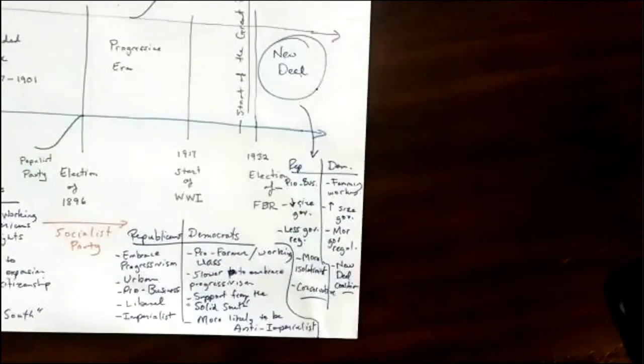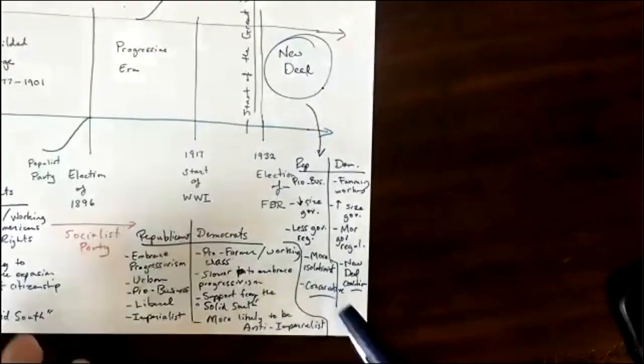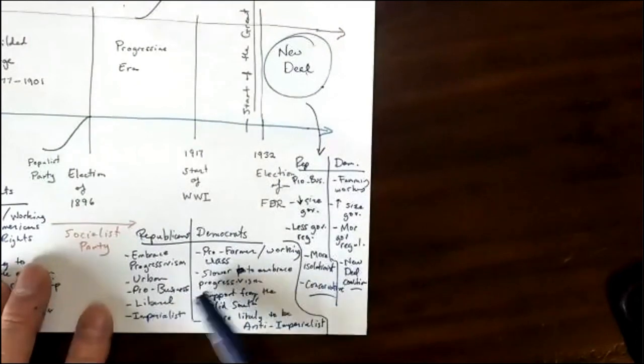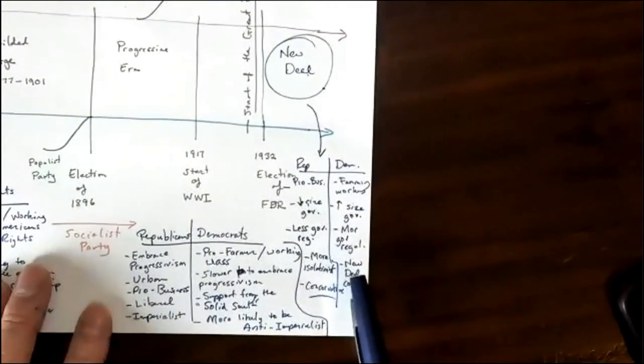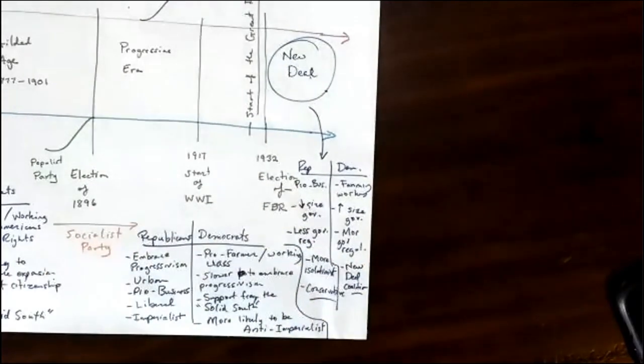What it does is it links the old Solid South that had traditionally been supporters of the Democratic Party, but then it flips African Americans who had traditionally voted Republican to the Democratic Party. Because the Democratic Party under the New Deal is offering programs and opportunities for African Americans that the Republican Party wasn't offering.